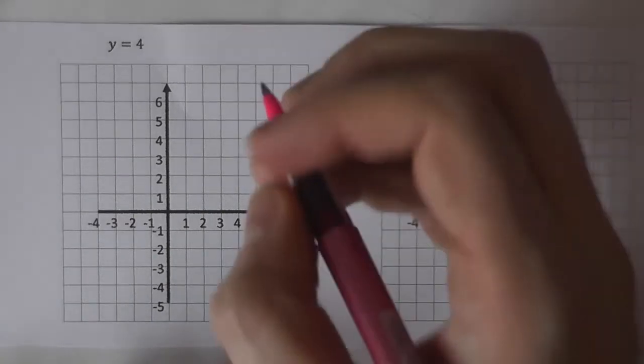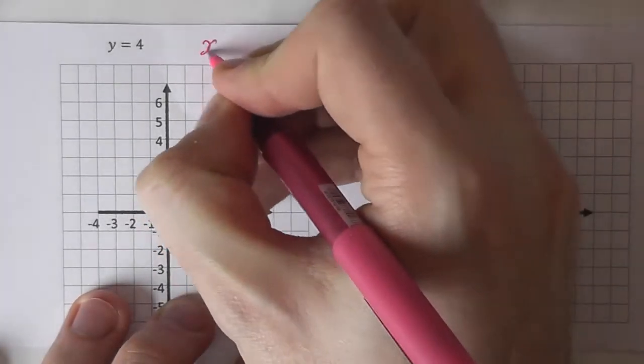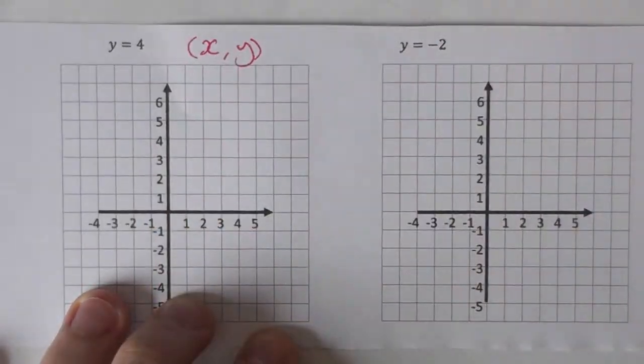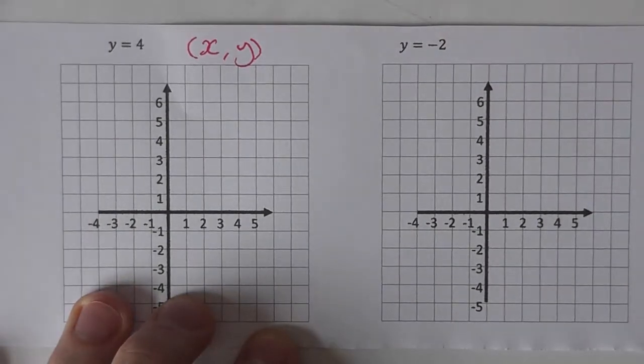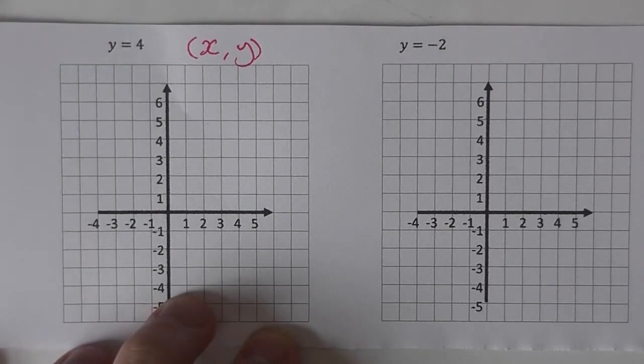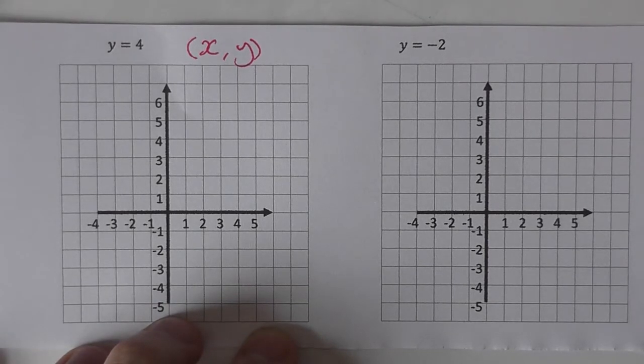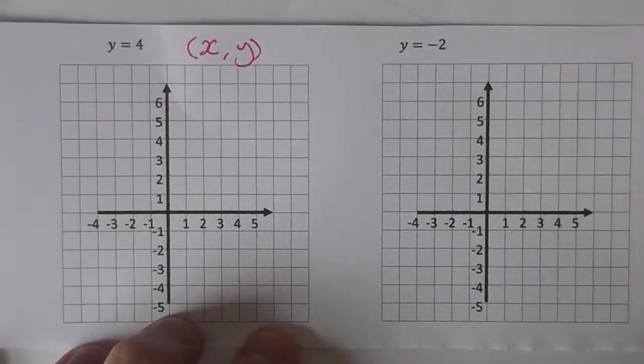Think about the coordinates. All coordinates are made up of two numbers, an x number and a y number. In this particular one, y is not dependent on x. The output y is not based on what input you put in, what choice of x you make. This time, the output y is 4.